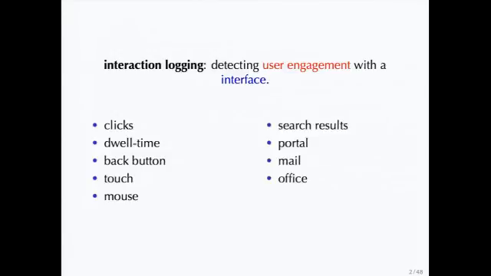And when I'm talking about interfaces, I mean anything the user might interact with. So this would include things like the search results page. It would include things like portal pages or mail pages or Office documents. Now, interaction modeling has to do with being able to predict user engagement on some arrangement of items on a page or some interface that perhaps I have never seen before.